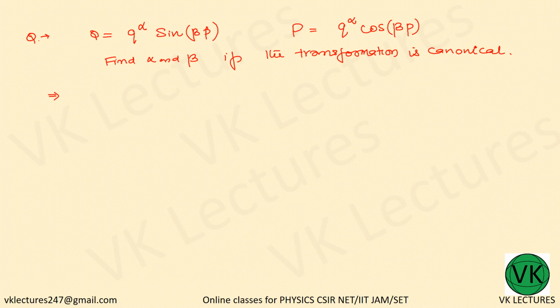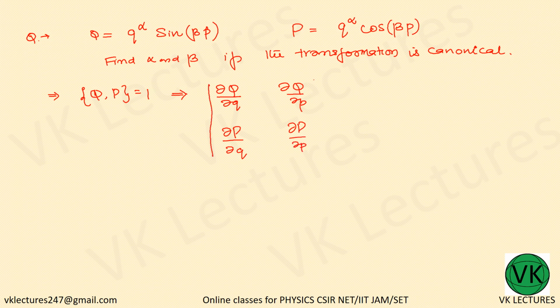So the Poisson bracket QP equal to 1 gives ∂Q/∂q, ∂Q/∂p, ∂P/∂q, ∂P/∂p. So we need to find out the Jacobian.